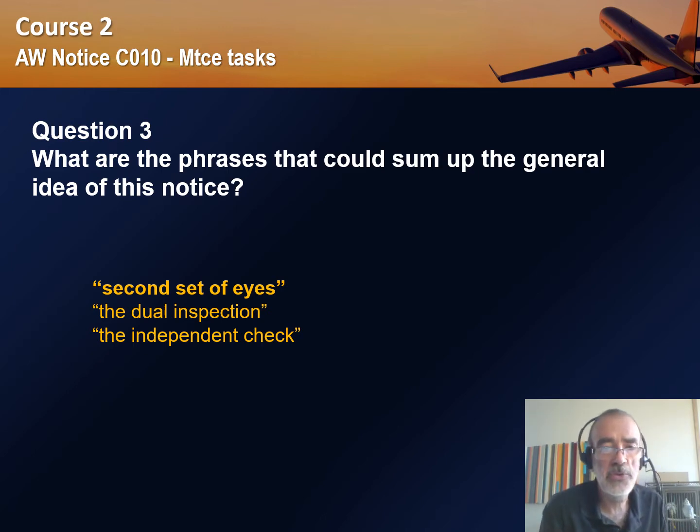This is also known as dual inspection, meaning you inspect your work and you ask somebody else to also inspect your work, just to make sure that everything is correct. It is also the independent check. Somebody independent who didn't perform the work will actually look at what you did.